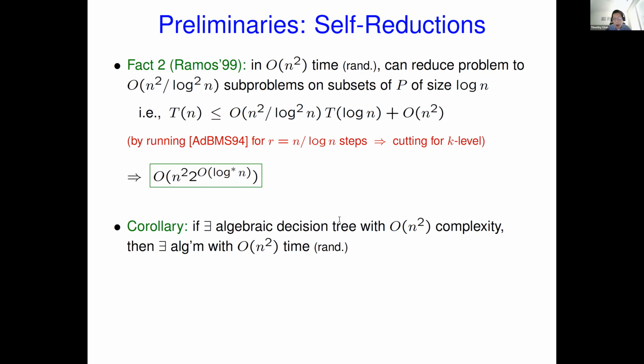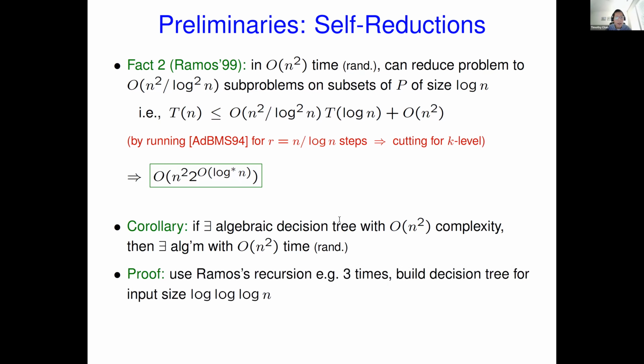Okay. So why is this true? Simple proof. You just apply Ramos's recursion, say 3 times. Then that will bring the input size down to triple log n. Then for input size that small, you can actually afford to build explicitly the whole decision tree.